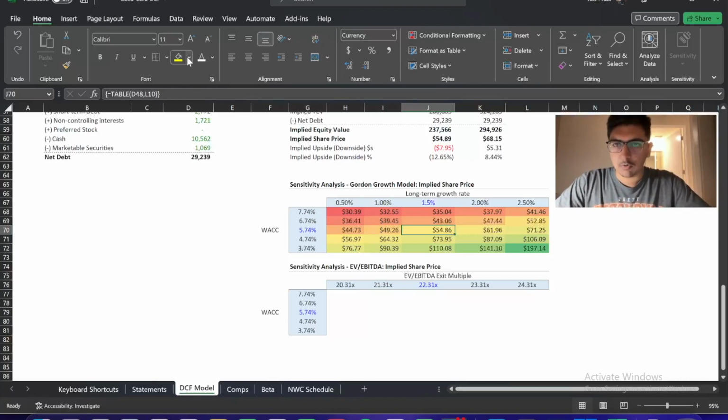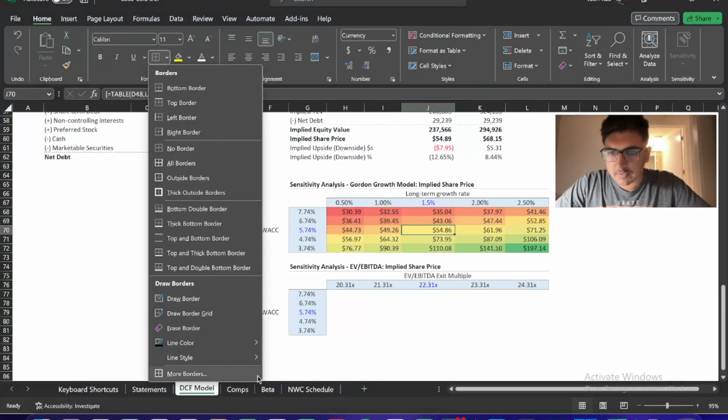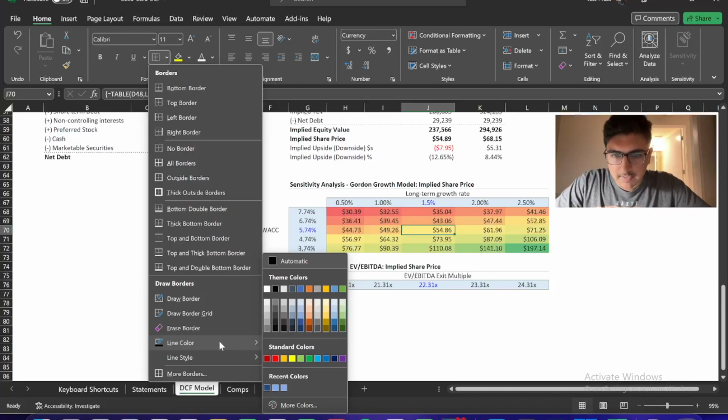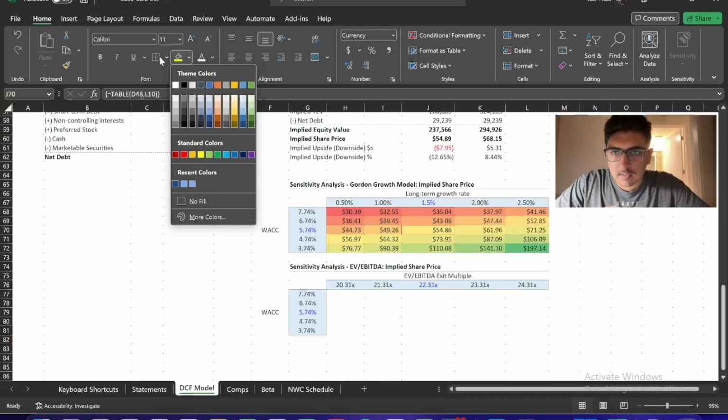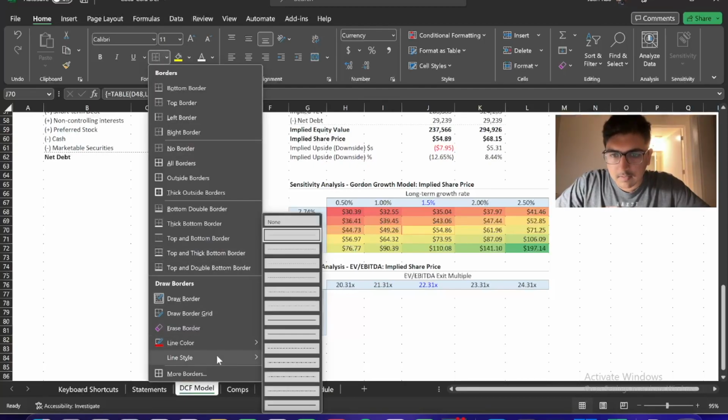So you can go here to borders. So for the cell, you can go here to borders, line color, make it red, and then make that line style a little bit thicker.